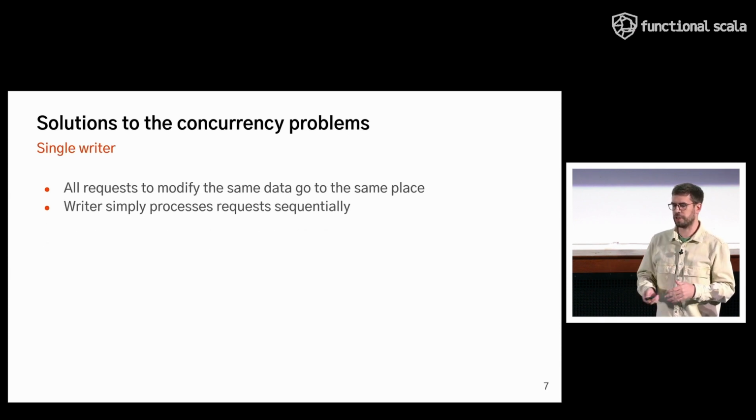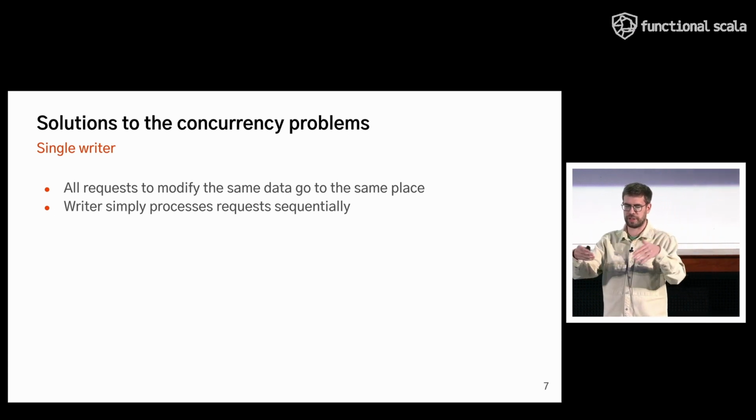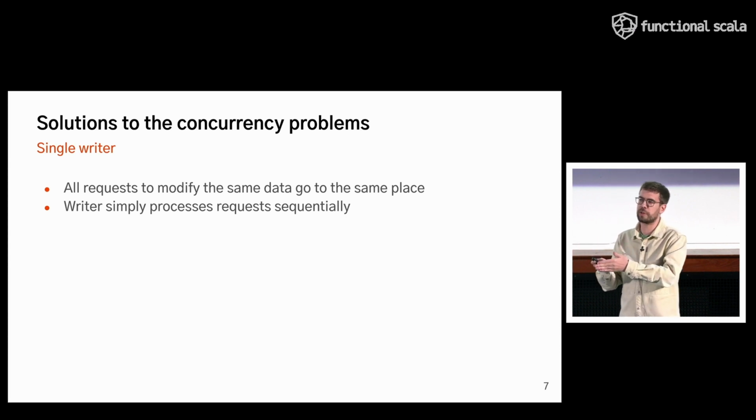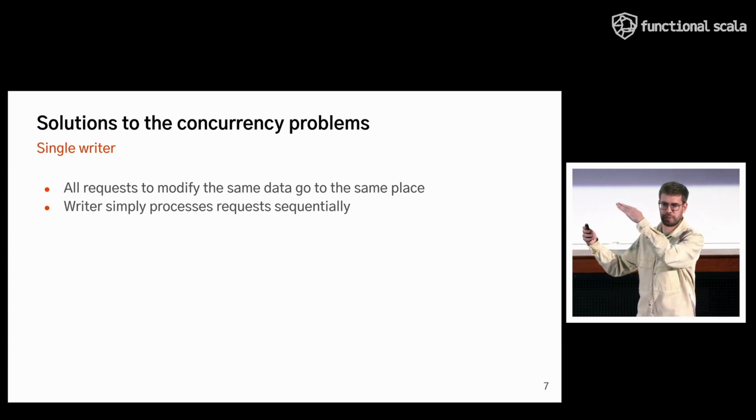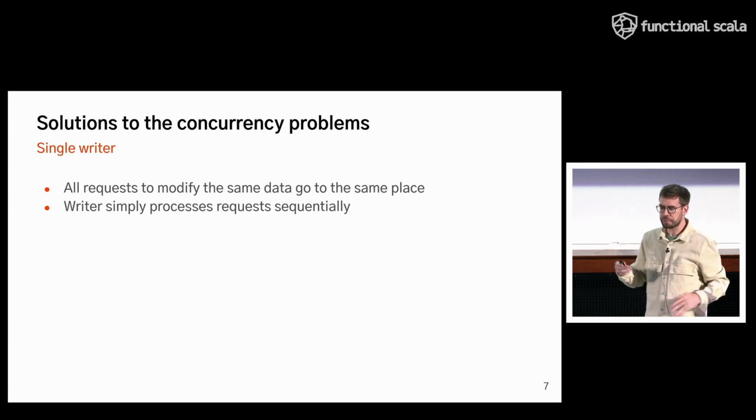The other option is what I call the single writer pattern. Instead of having multiple components trying to write or edit the same thing, you redirect in some way all the requests about a single entity to a single component, and that single component will handle requests one by one in order.